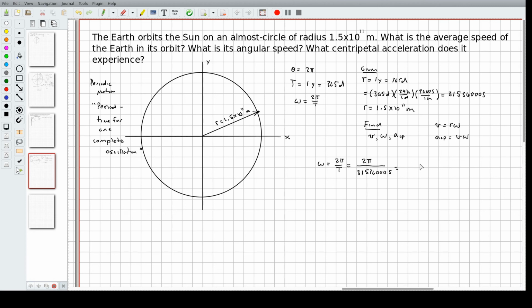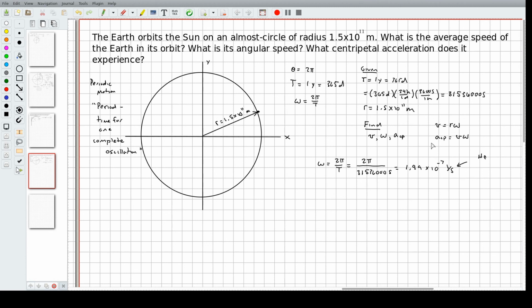So 2 times pi divided by that is something like 1.99 times 10 to the minus 7th 1 over seconds. Now, this is the reason why angular velocity is sometimes called angular frequency. 1 over seconds, those units, sometimes are called the hertz, and they deal with frequency. We'll be talking about that later on. That's not really a subject to get into yet.